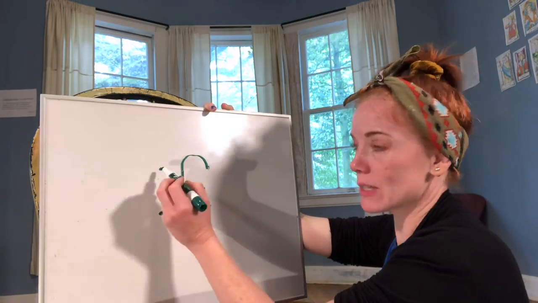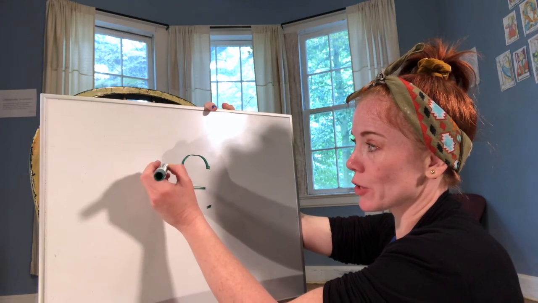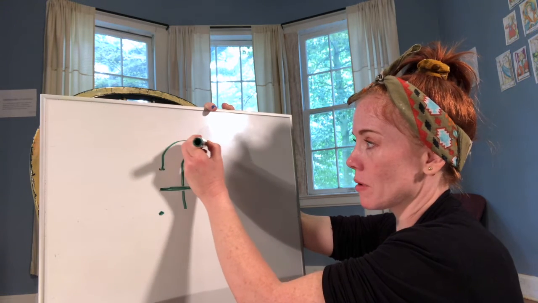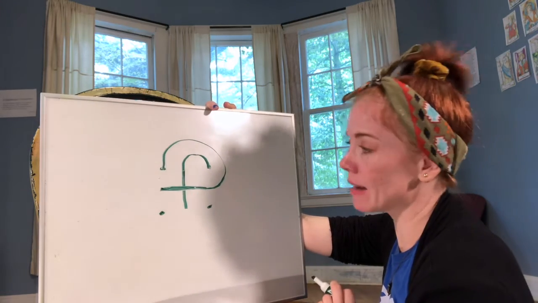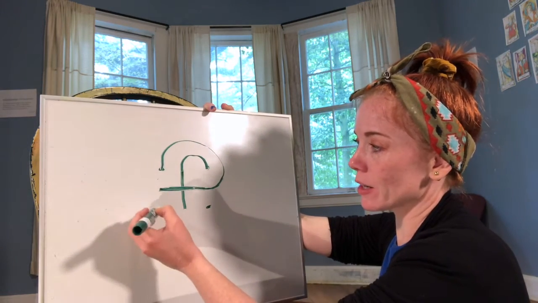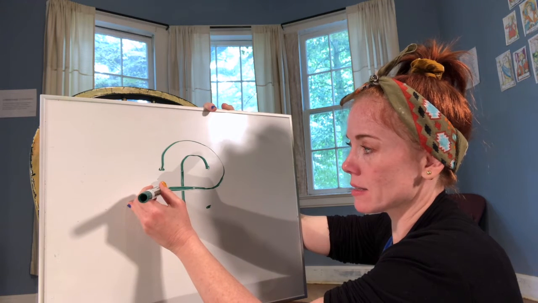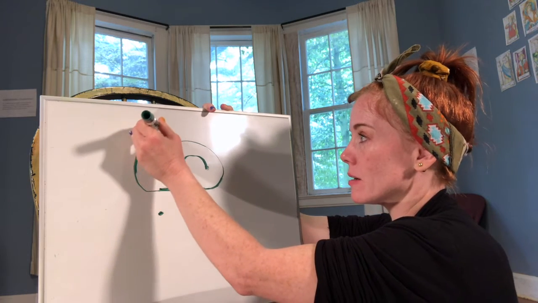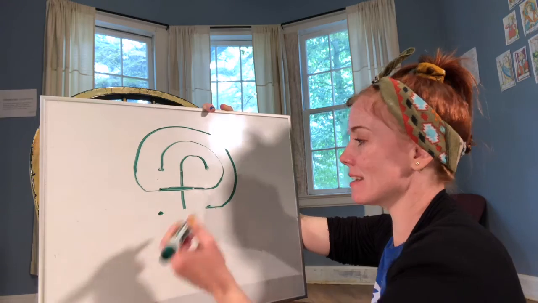Okay, so now I'm going to move over to this side, and we're going to make another loop that's a little bigger, and we're going to loop in the same direction. So we're going to make a loop like that. Okay, now we keep going, so we're not going to go to the dot, we're going to go to all the open ends. And we'll go around like this, okay?